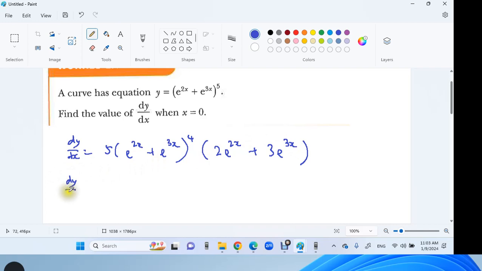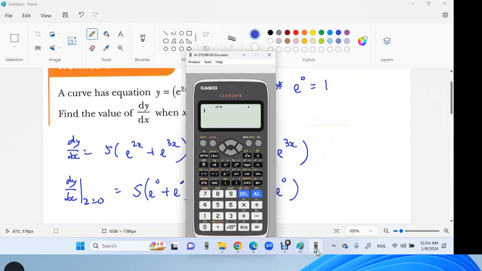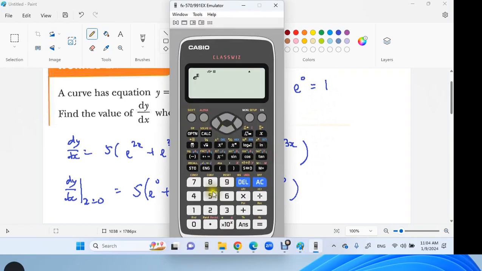Then we have dy/dx when x equal to 0, which will be 5 times (e to the power 0 plus e to the power 0) to the power 4, times (2e to the power 0 plus 3e to the power 0). 2 times 0 is 0, so I don't write the 2 times 0, because this is 0. But we need to know one thing, that e to the power 0 is equal to 1. If you are not sure, you can check with your calculator. E to the power 0 is 1.